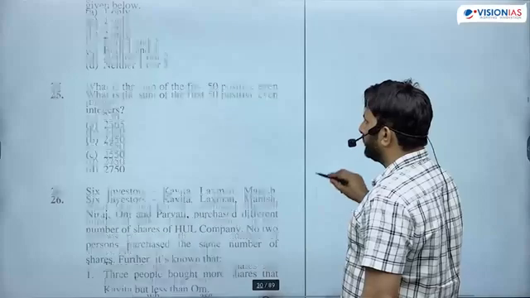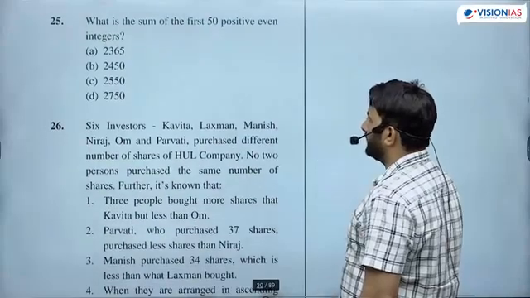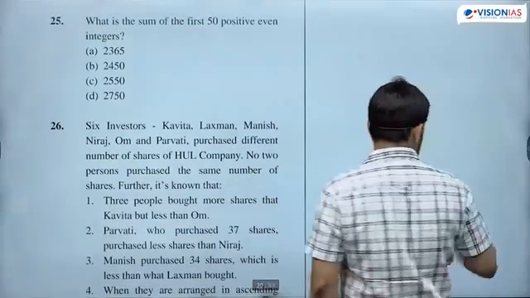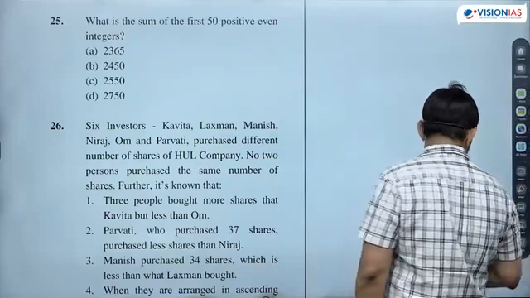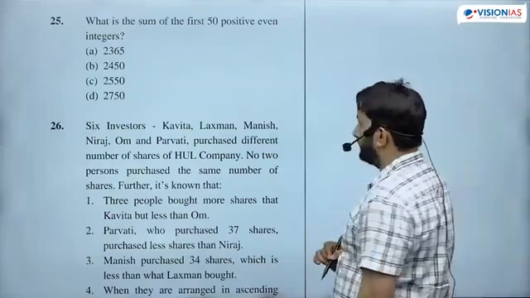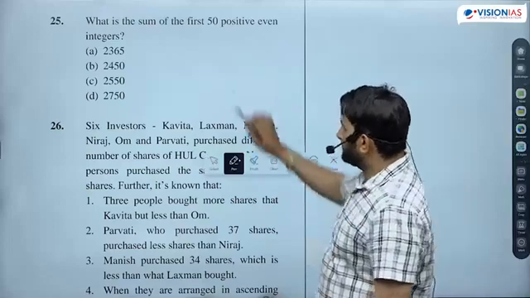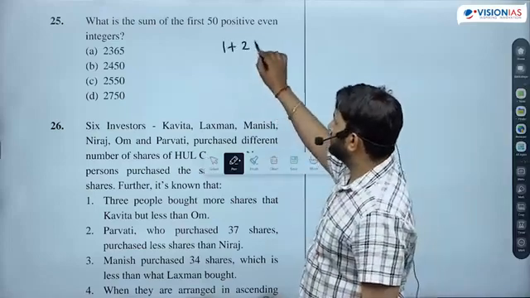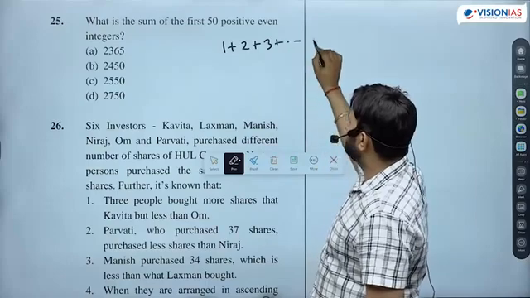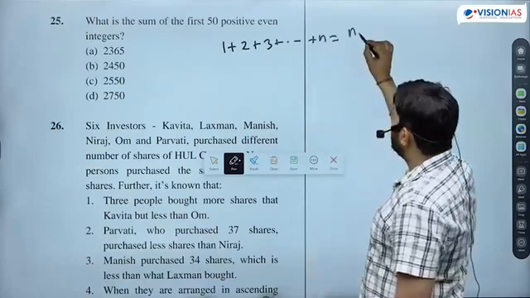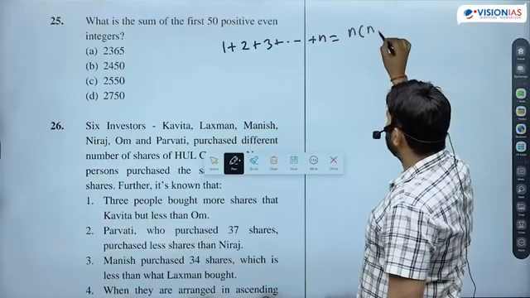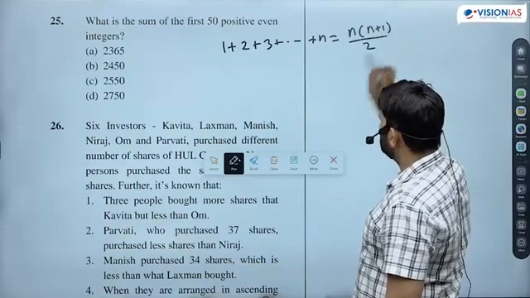Next, what is the sum of first 50 even integers? First 50 even integers. But what is the sum of n natural numbers? Sum of n natural numbers is n into n plus 1 divided by 2.